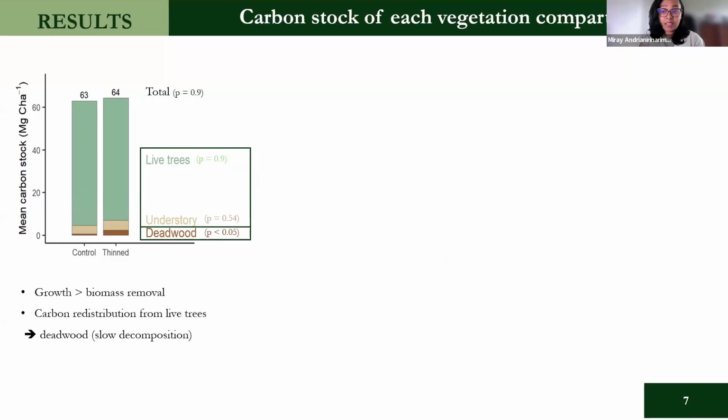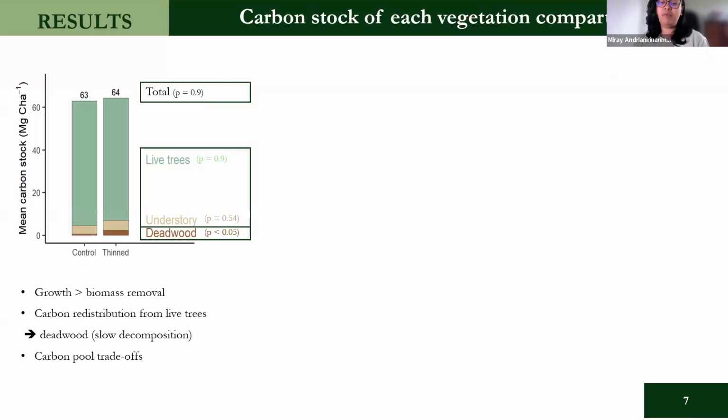And despite these differences, total aboveground carbon stock remained similar between the two treatments. It means that the carbon from the live tree pool was transferred to the deadwood pool, where it persisted for decades rather than being directly released from the ecosystem.